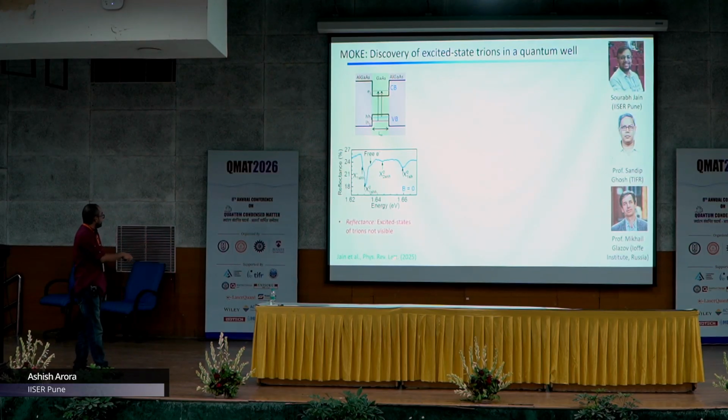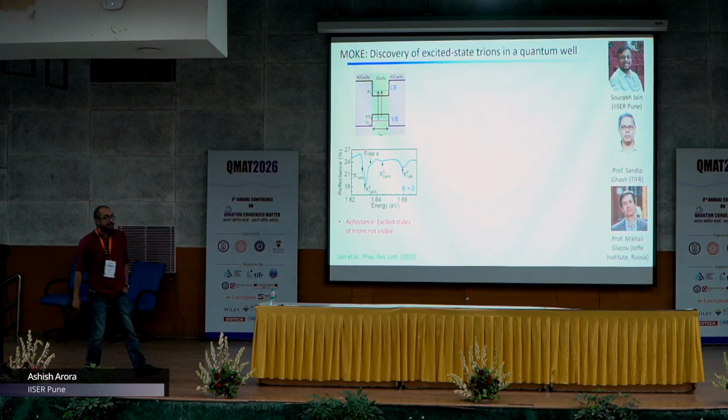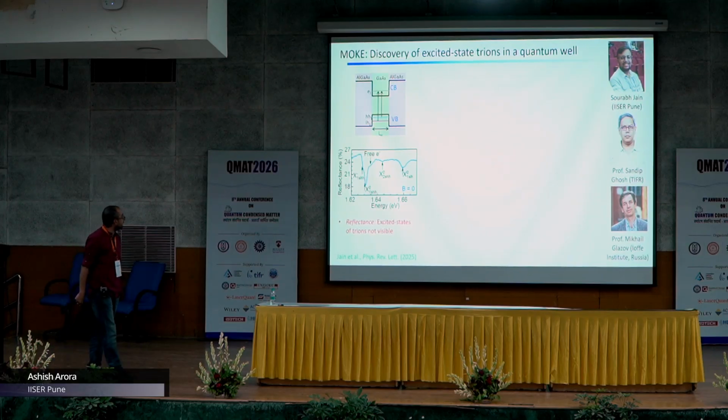Similarly, we made a recent discovery in 2025, where in fact we found a very weak state called an excited state of a trion, which does not appear in any reflectance of this quantum well. So this work was led by Saurabh, sitting somewhere in the audience.